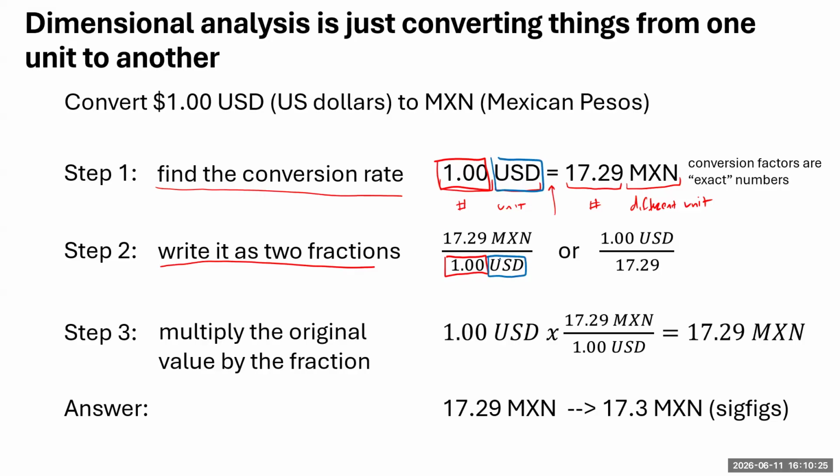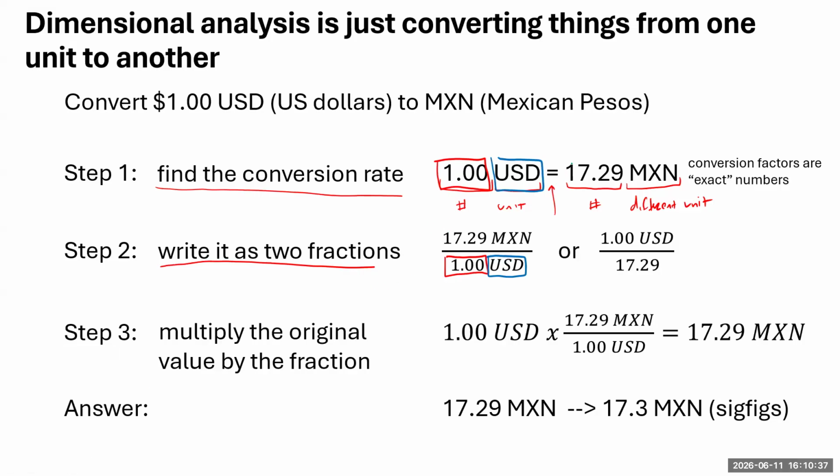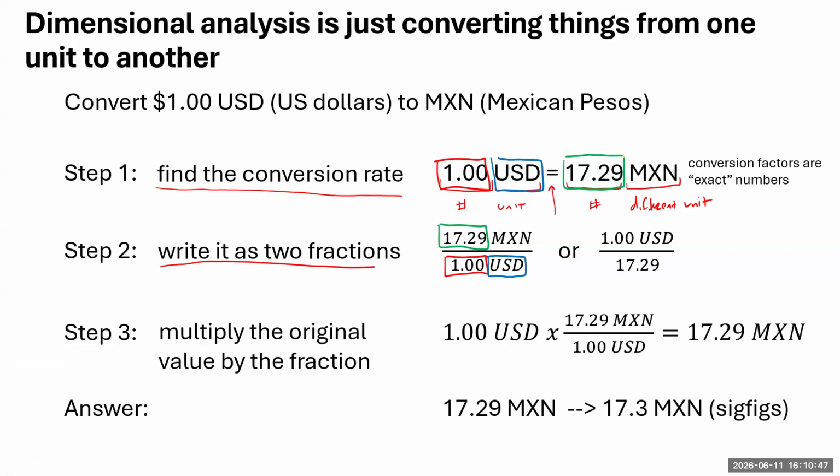It has something over something else. That line could mean division; it's a fraction line. So this is how we're going to write it. And then let's do green for 17.29. And then orange, for Mexican pesos.